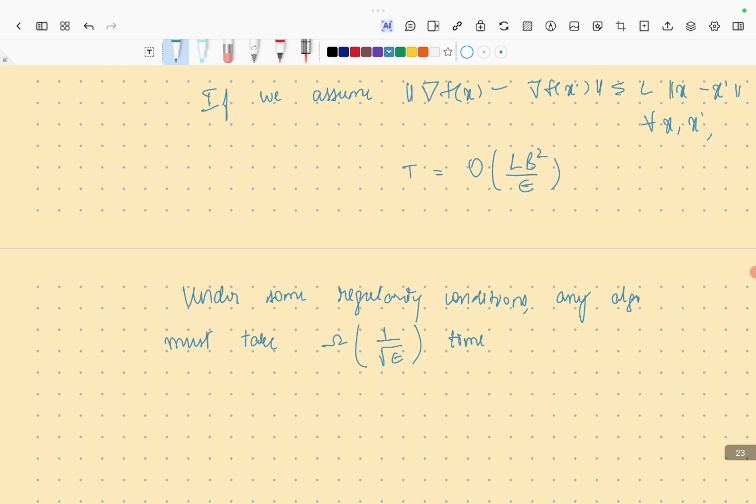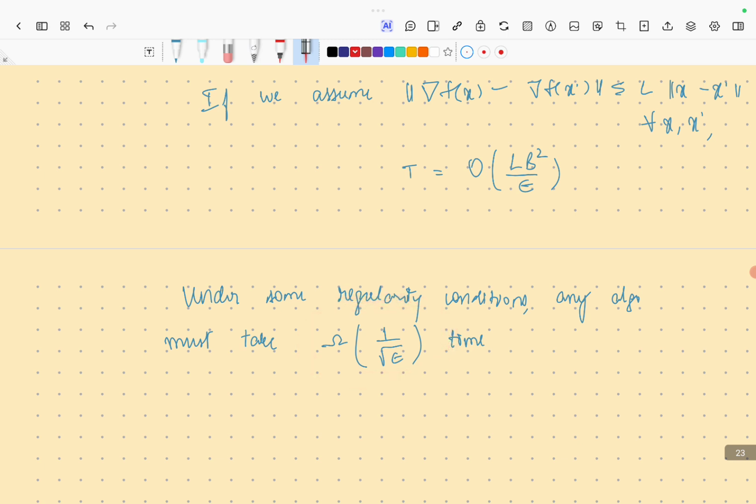No algorithm can do any better than something divided by square root of epsilon. So basically this is the number of steps it requires you to get epsilon close to the minimum. So it's possible to prove lower bounds on any algorithm. The best algorithm that you can ever possibly hope to design must take this much time to get epsilon close to the minimum.